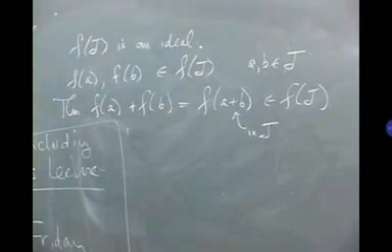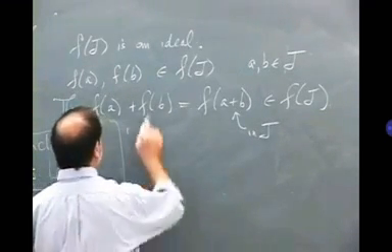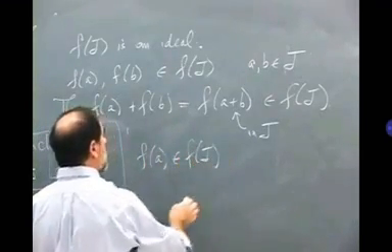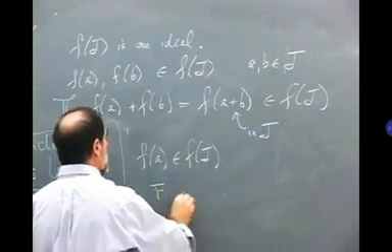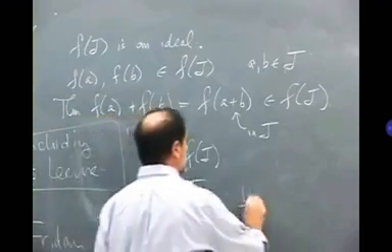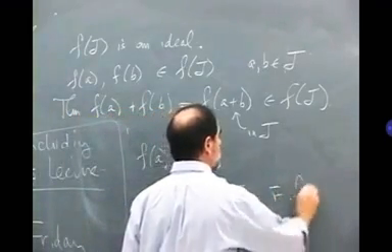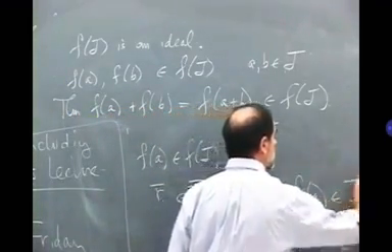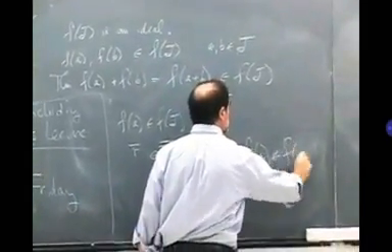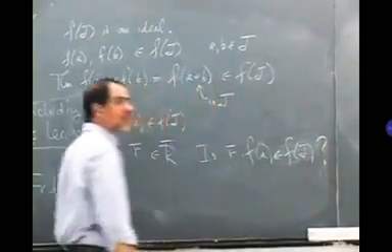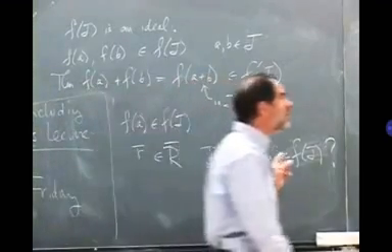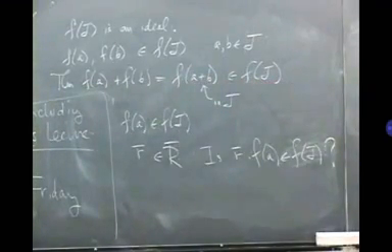But the next one's a little tricky. Suppose f of A is in f of J, and that we have an arbitrary element r bar in R bar. Is r bar times f of A in f of J? That's the point you have to use, and this is not true for an arbitrary homomorphism.